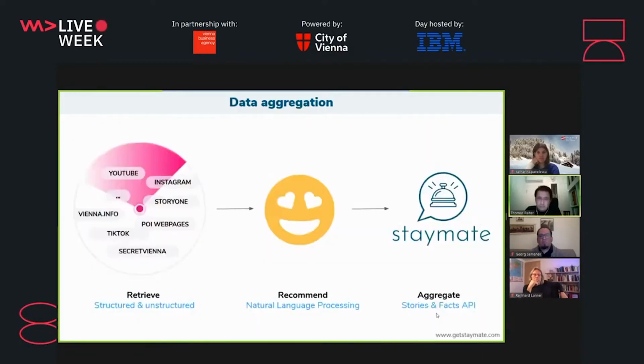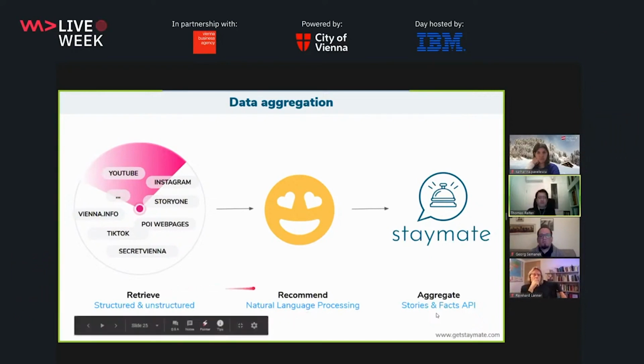So we have a very simple, not simple, but common data aggregation pipeline. Like data warehouse people use ETL, extract, transform, load, we do something similar. We use retrieve, recommend, aggregate. So these are our three stages where we get structured and unstructured data from all kinds of different sources, and we get it to us locally.